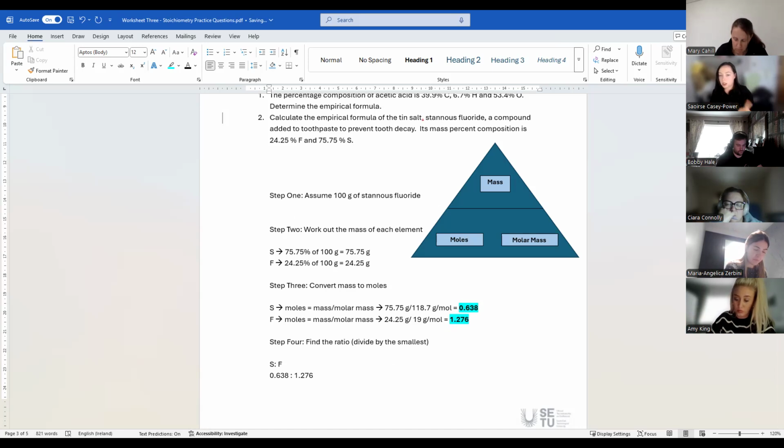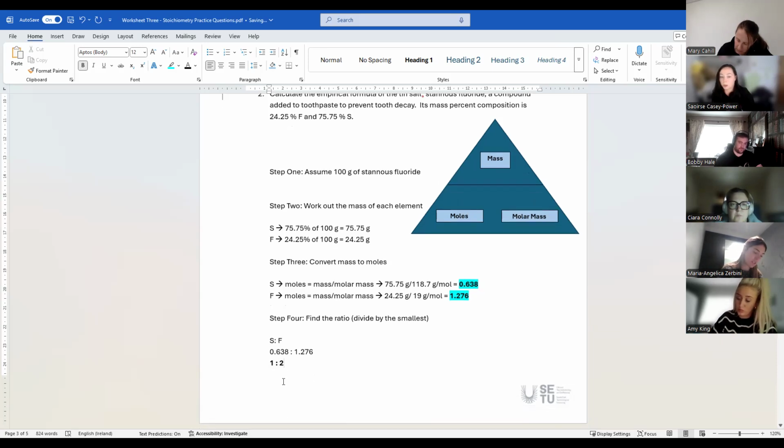I'm going to divide each one by the smallest mole amount. 0.638 divided by itself is 1, and 1.276 divided by 0.638 is actually 2, so it nearly rounds up to 2. All I did here was simplify this ratio by dividing each one by the smallest mole amount.